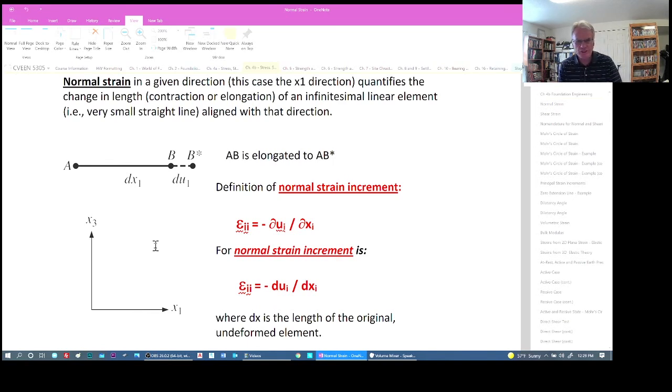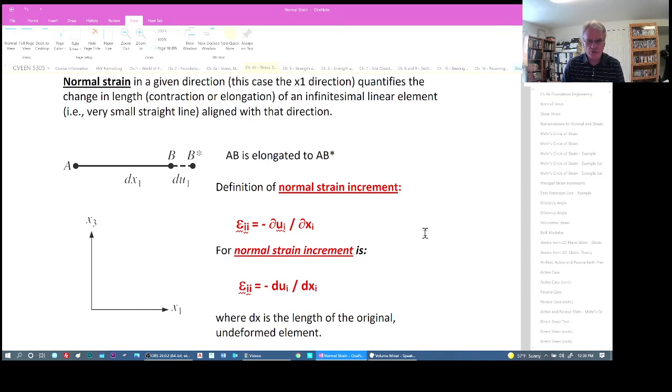This is an incremental definition, meaning that we can now define the normal strain increment epsilon_11 as equal to the change in position with respect to that direction, du1, divided by the original length, dx1.